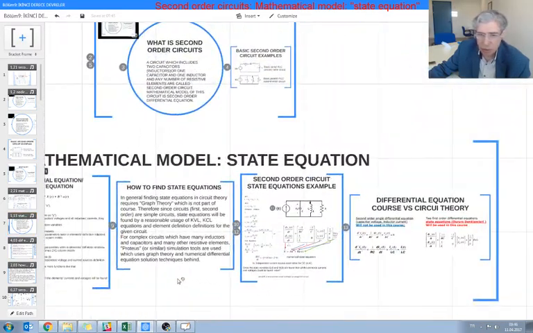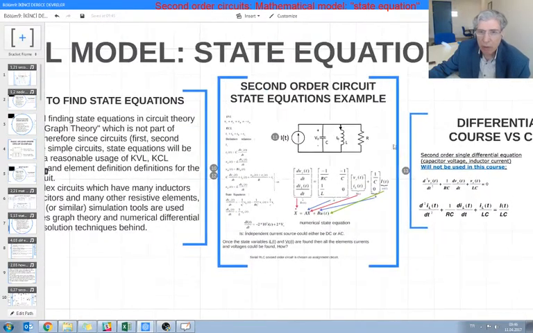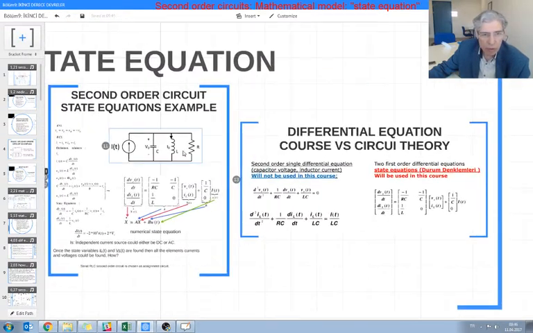At the end, we are going to deal with a second order circuit like that in this chapter. The mathematical model of this second order circuit could be either a second order ordinary differential equation like that, or this other mathematical model. In this model, we see only the first order derivative.